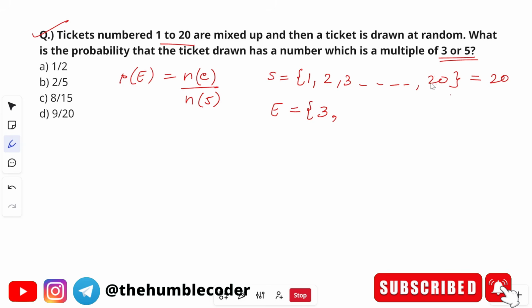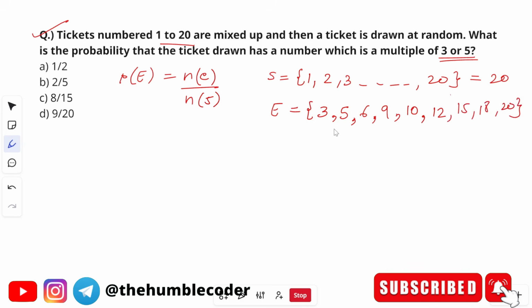In the same way 4 cannot come because 4 is not a multiple of either 3 or 5. Next number is 5, which is a multiple of 5. Then 6, which is a multiple of 3. Then 7 cannot come, 8 cannot come, 9 can come because it is a multiple of 3. Next 10, which is a multiple of 5, 12, a multiple of 3, then 15, then 18, and then 20.